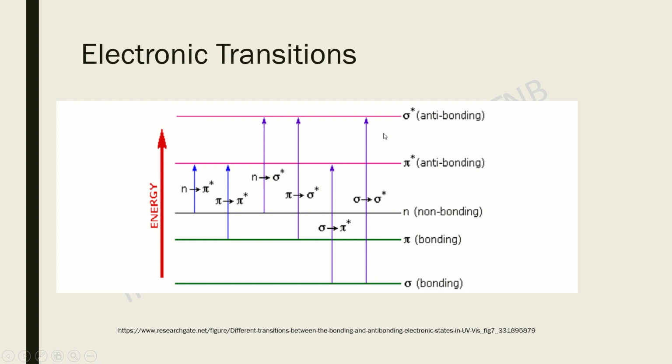As you can see, in these three electronic transitions, the energy gap is very large. Thus, the wavelength is very low and it does not lie in the UV visible region. It is less than 180. Thus, we'll only consider these three transitions.